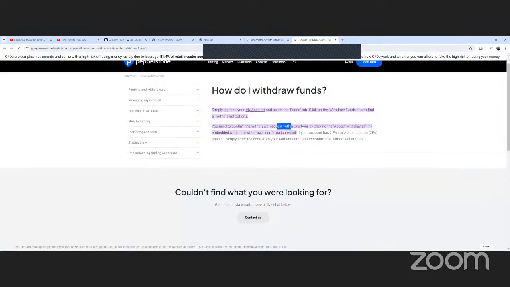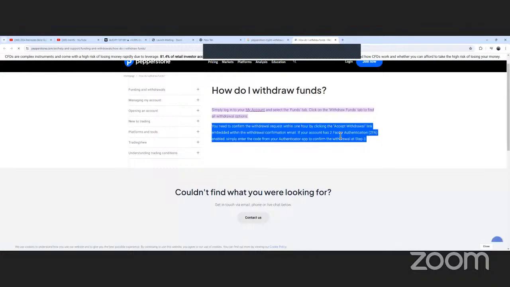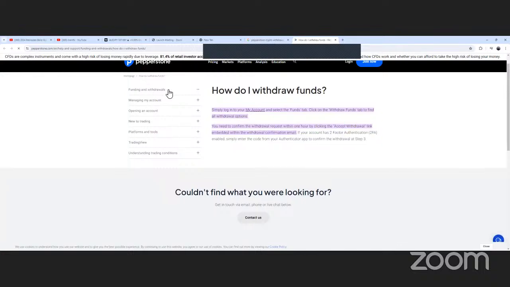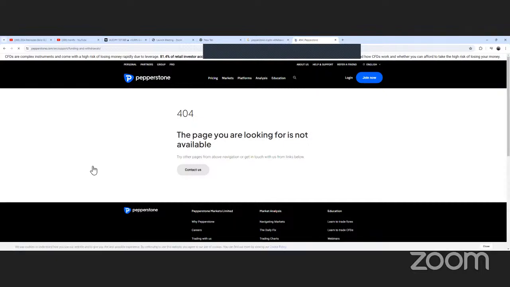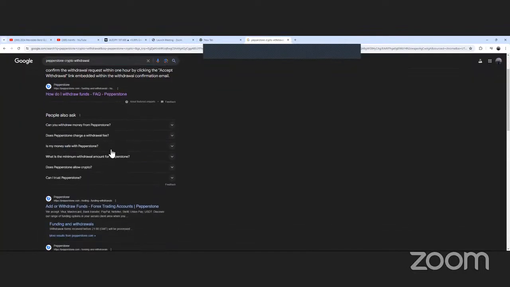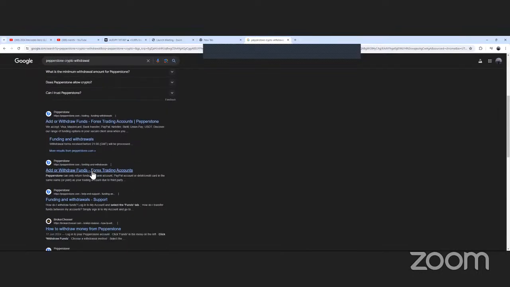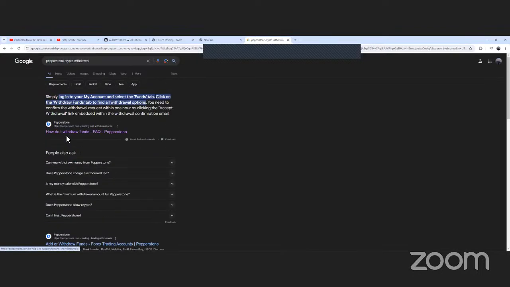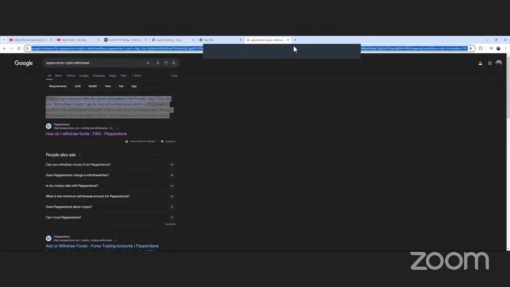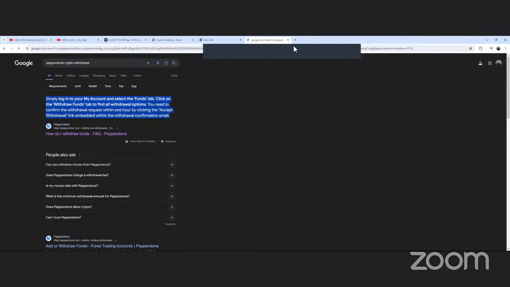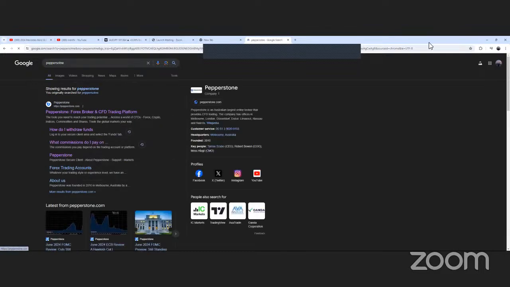Can I withdraw using crypto? I think you can't withdraw using crypto stuff. Maybe I can log into my account.